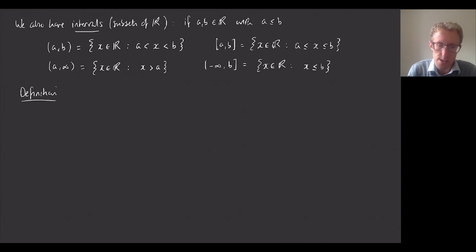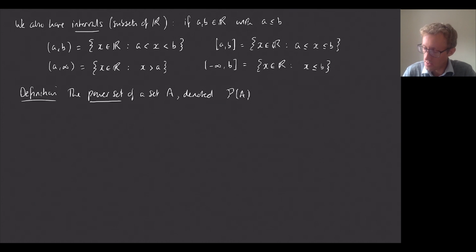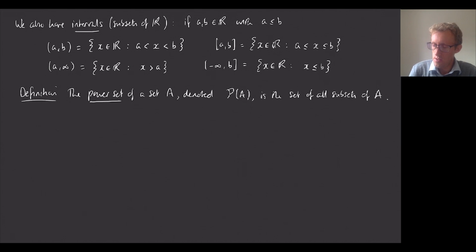The definition is that the power set of a set A, which is denoted with a curly P of A, is the set of all subsets of A. Okay, so just think about that for a second. Let's give an example, see what that means.